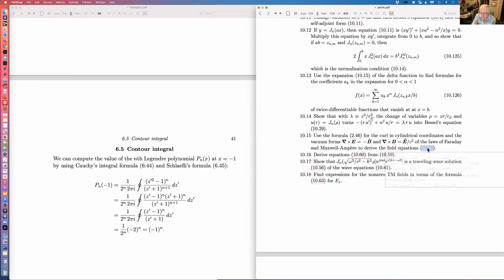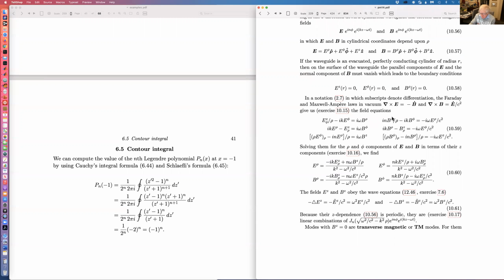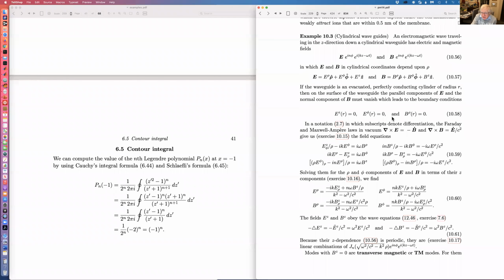And let me just switch to where we are. We're talking about these equations. And so what I would say the first step is that, we're here, so we're inside cylindrical waveguides.